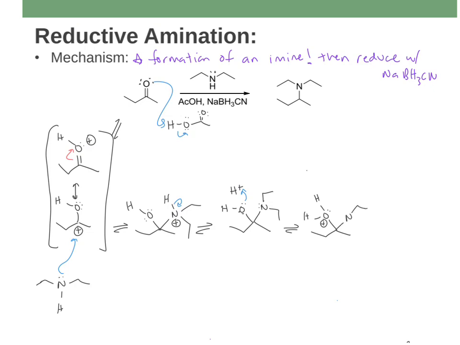And again, that oxygen being positive, it's not very stable being positive, so it wants to take electrons back from something. It could take them back from one of the H's that it's attached to, which is going back a step, or it could leave as water, which is a good leaving group.